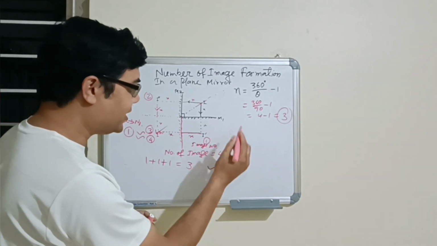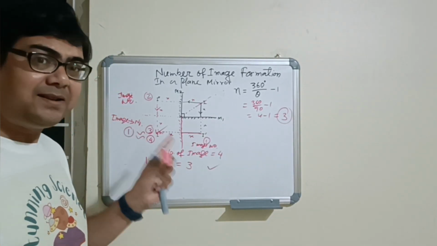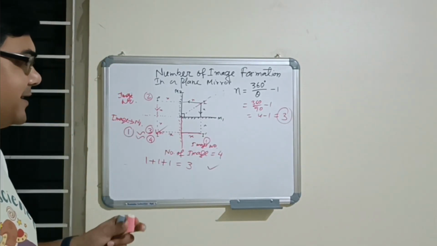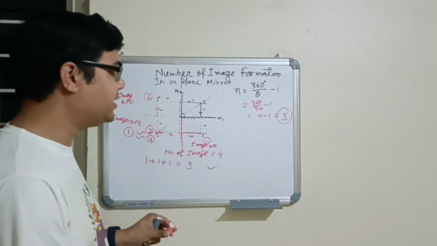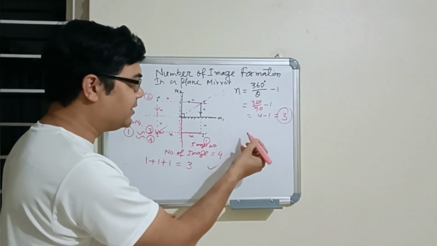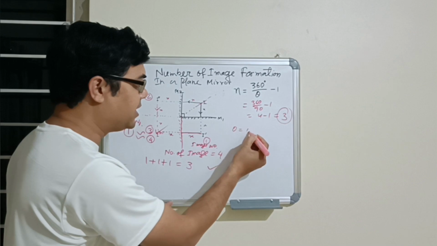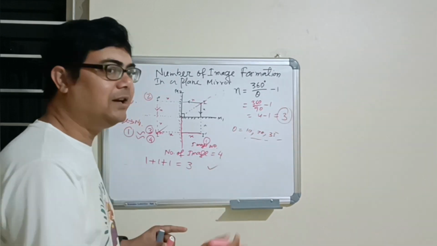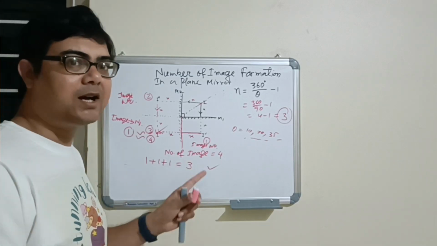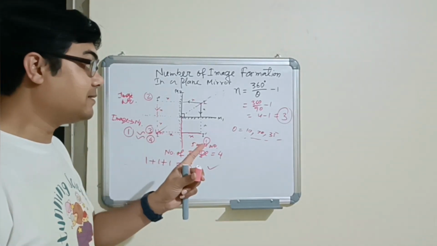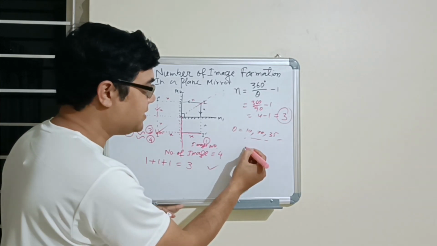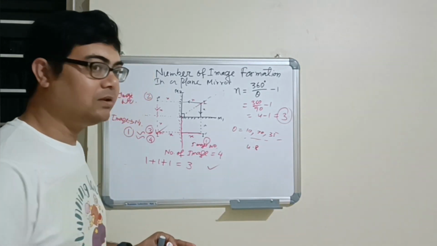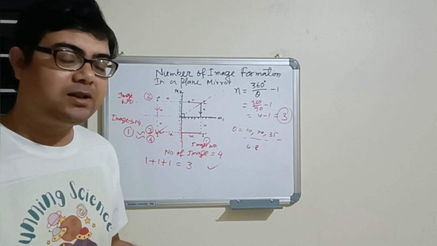So yeah, this is a very important concept, and practice it. Let us also calculate the number of images for variation of theta, for example 10 degrees, 20 degrees, 35 and so on. Let us try, and let me know in the comment space. And for example, if it is a decimal, for example 4.8, then how many images can you consider?